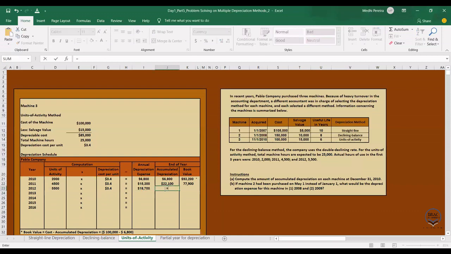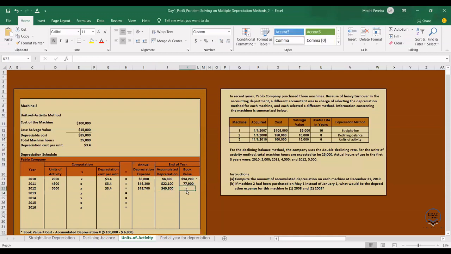Now we calculate the accumulated depreciation, which is the previous year's balance plus this year's annual depreciation expense, and we have 40,800 as the accumulated depreciation for 2012.